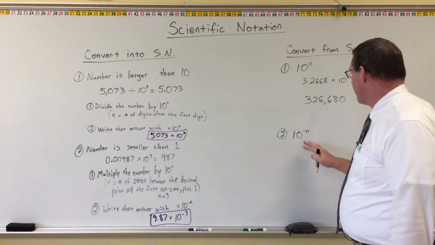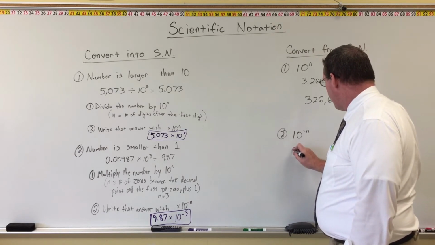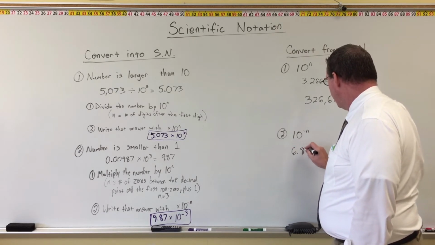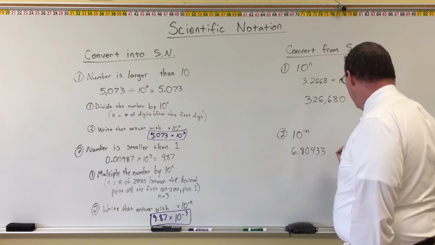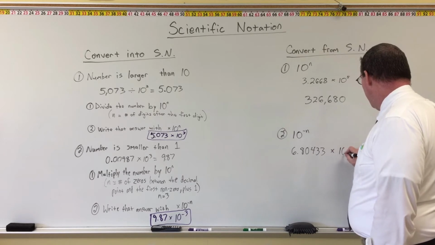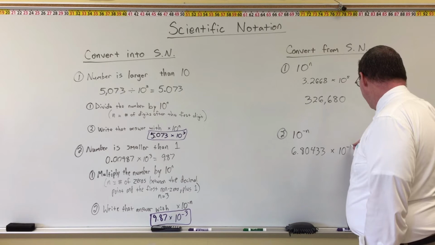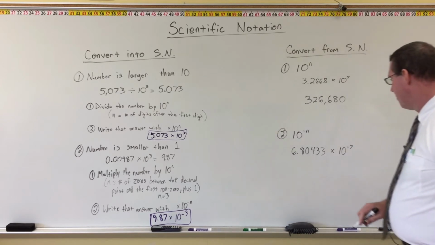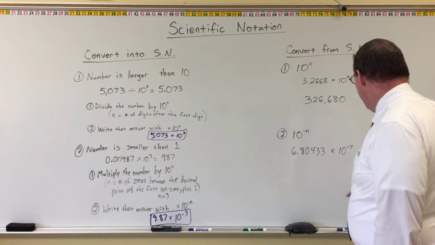All right, so now let's say it's 10 to a negative power. So let's say that we have 6.80433 times 10 to the negative 7 power. Okay? All right, I want to show you what this actually is.